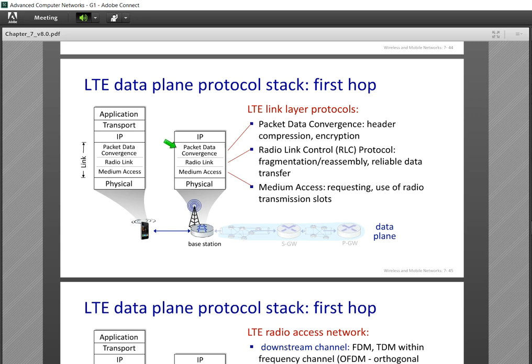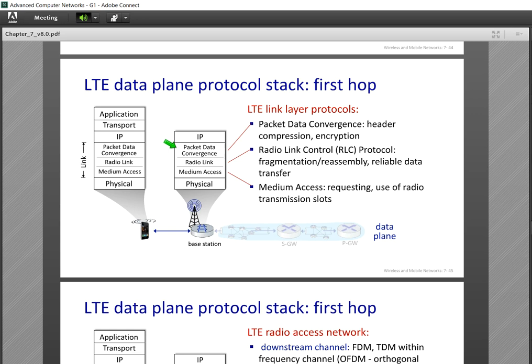The upper one is packet data convergence. This sublayer is responsible for encapsulating the IP packets into a frame that should be sent over the wireless link.